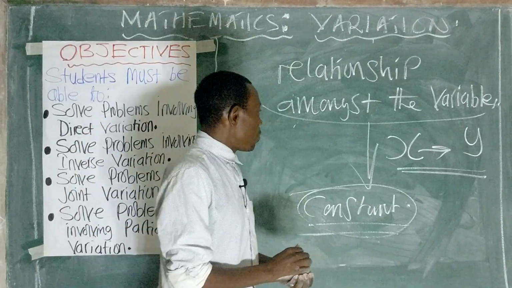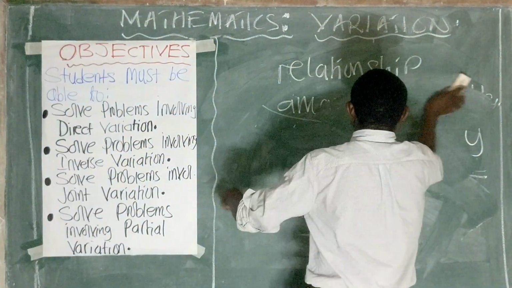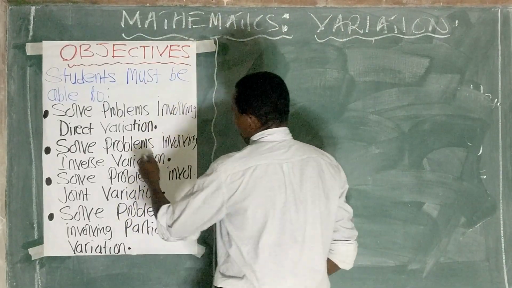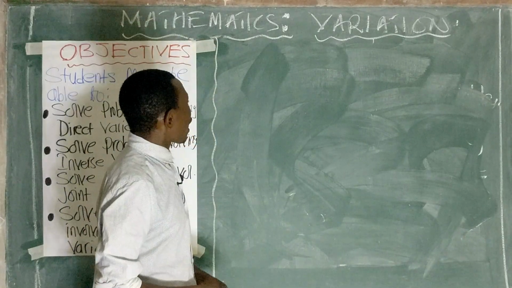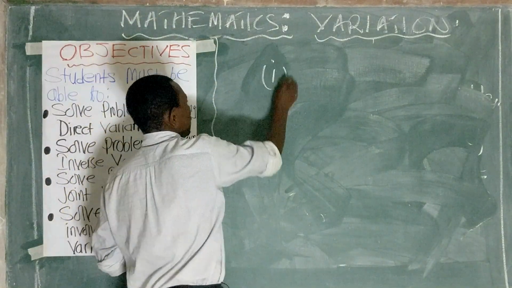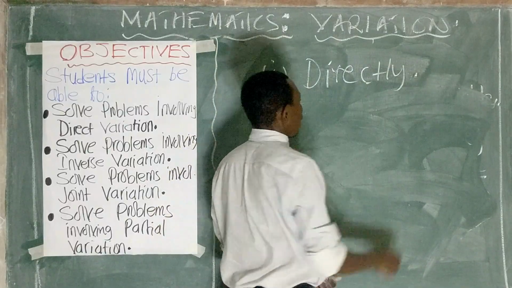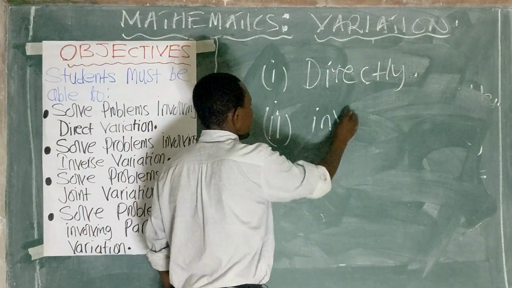So how quantities vary is done in 4 main ways, and this matches up with the objectives here. Right, so the quantities can vary, one, directly. The quantities can also vary inversely.